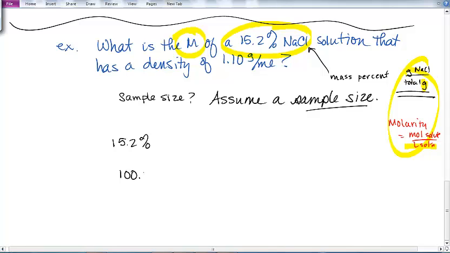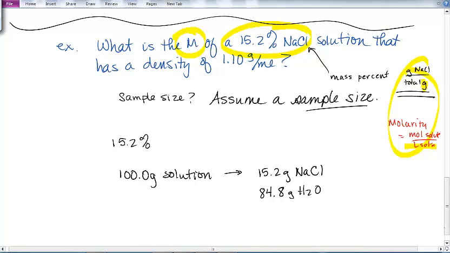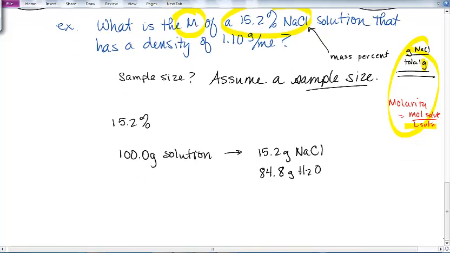So I'm going to assume I have 100 grams of solution. Because if I do, that gives me some information. Like, oh, then 15.2 grams is sodium chloride. It also, if it was helpful to me, would give me some information like it's 84.8 grams of water. So I know that to be true as well.